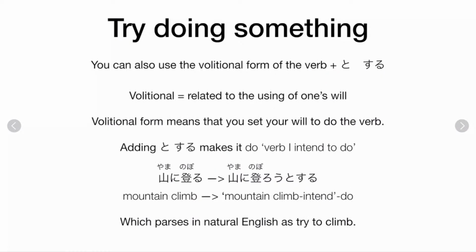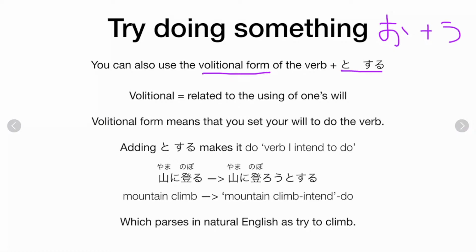There's a different way you can do it, which is the volitional form of the verb, which we haven't talked about yet, but that's the o stem plus "u." And then you say "to suru." So volition is an English word. I think it comes from Latin, and it means related to using one's will.